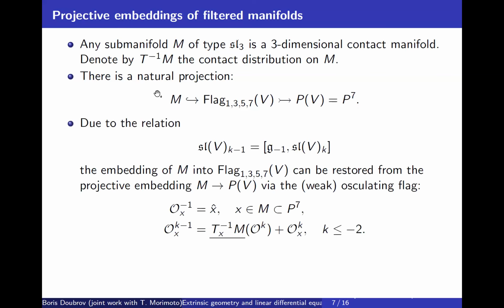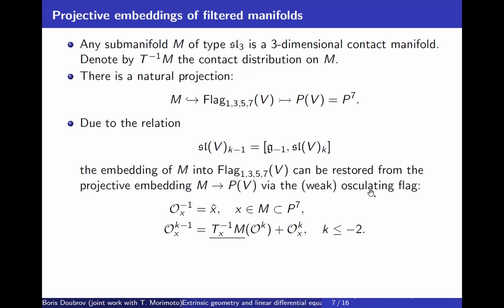So it's already better. We see that we need to deal with certain 3-dimensional submanifolds sitting in P7. Next, I skip the algebraic reasoning here, but suppose we are given any 3-dimensional manifold in P7 equipped with a contact structure, then we can build an osculating flag.